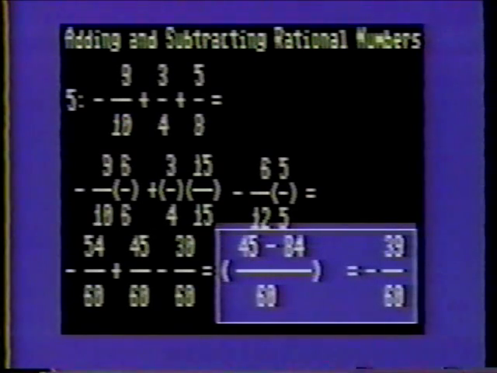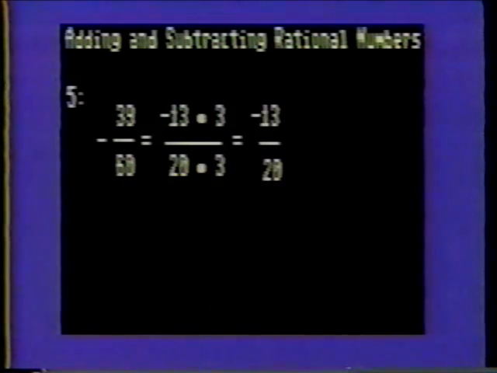Thus we have negative 39 over 60. Since both components are evenly divisible by 3, we can further simplify. Negative 39 divided by 3 is negative 13, and 60 divided by 3 is 20. The final solution is negative 13 over 20.